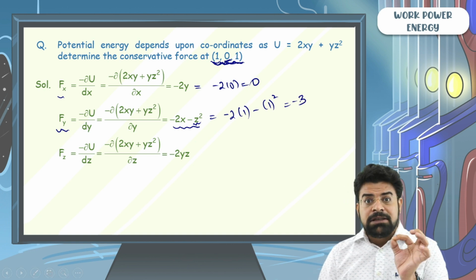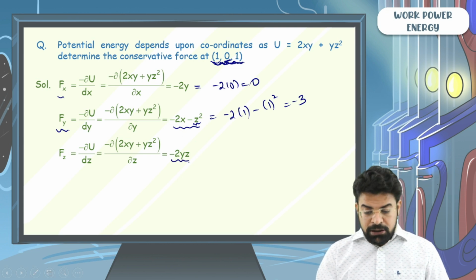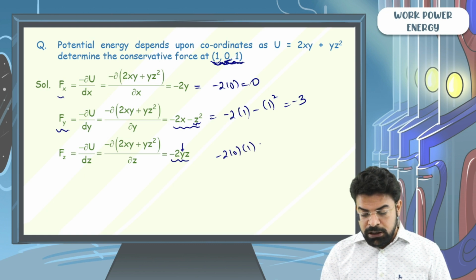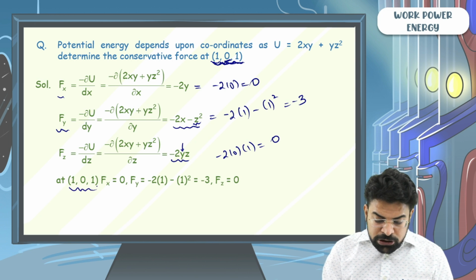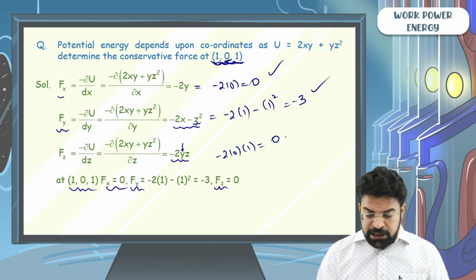What will be the conservative force in the z direction? Minus 2xy. Since y coordinate is 0, you will get minus 2 into 0 into 1. That comes out to be 0. Hence we can say at 1, 0, 1, the force in x direction is 0, the force in y direction is minus 3, the force in z direction is 0.